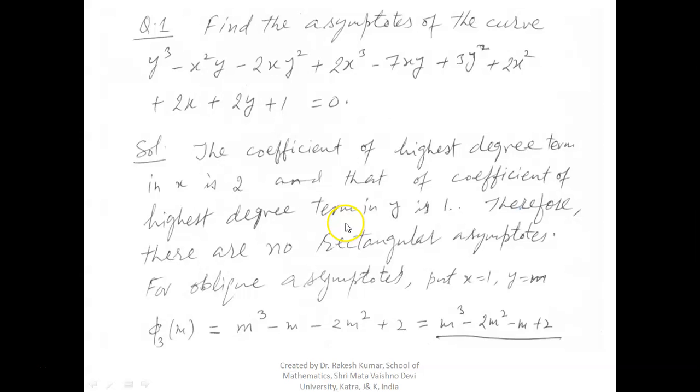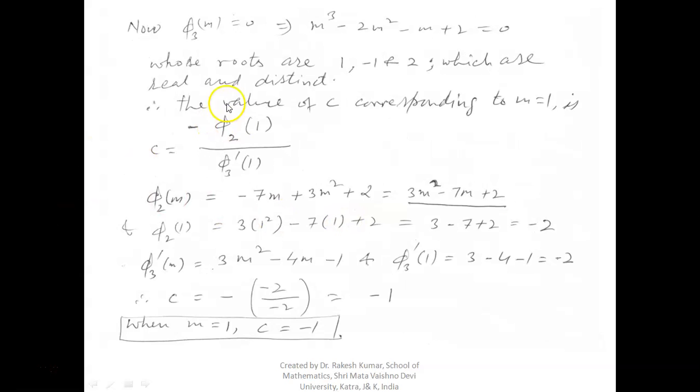Next step is to put phi 3(m) equal to 0 to find the values of m. So m cube minus 2m square minus m plus 2 equal to 0, and if we solve this we get roots 1, minus 1 and 2, which are real and distinct. So these are non-repeated roots.